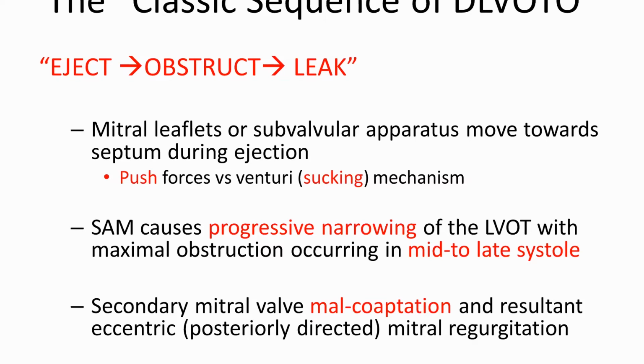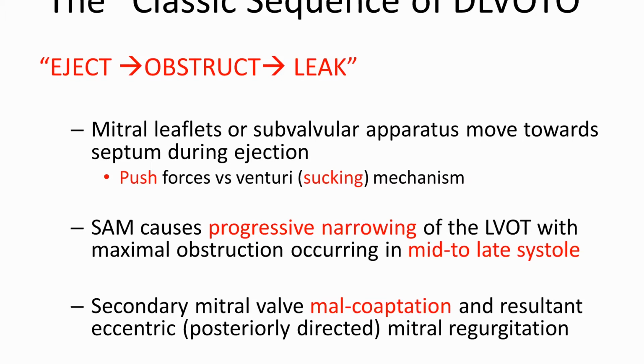It was always thought to be a Venturi suction effect, but it's a lot more complex than that. But it really doesn't matter to us as clinicians whether it's a push force or a sucking force. The effect is the same.